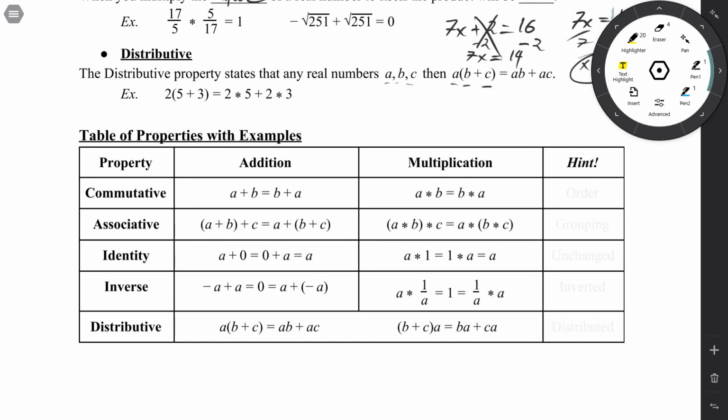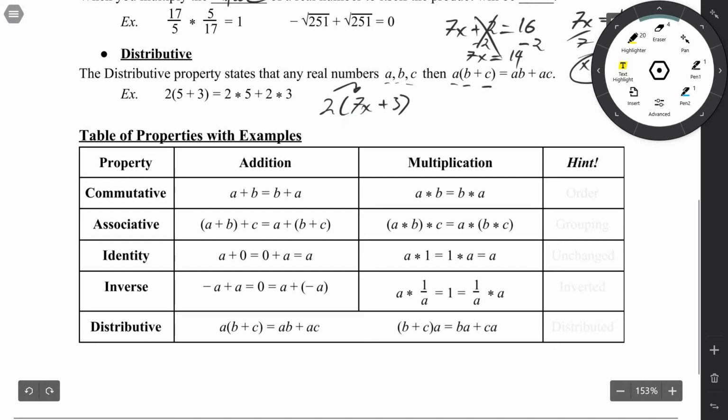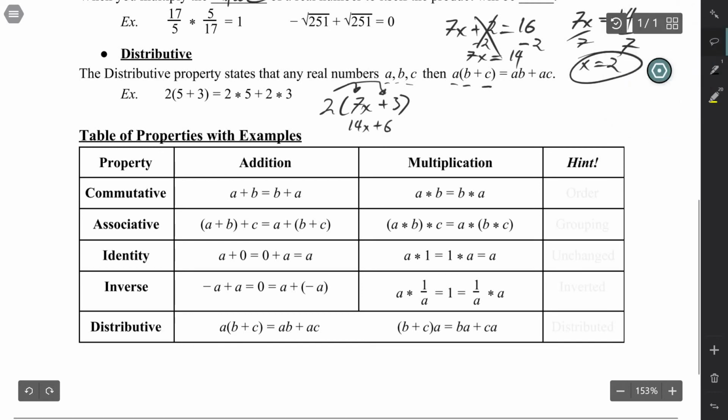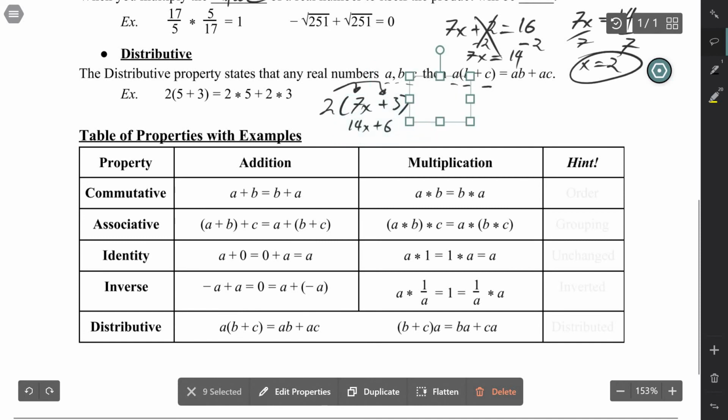And that seems really wordy, but that's exactly the same as distributing a 2 in this case. So distributing the 2, instead of trying to solve this whole thing first, we'll distribute the 2 to the 7x and the 2 to the 3. And that's going to give us 14x plus 6. And those are definitely going to equal each other.